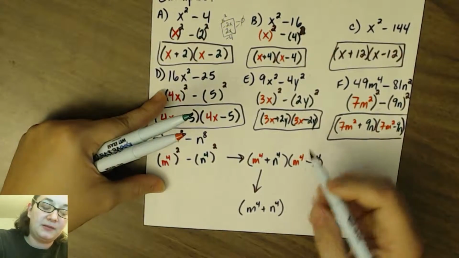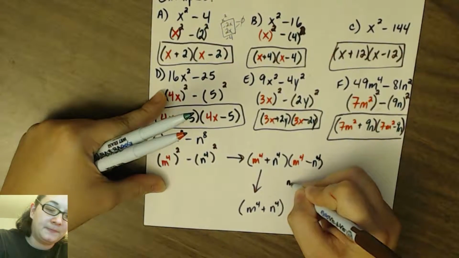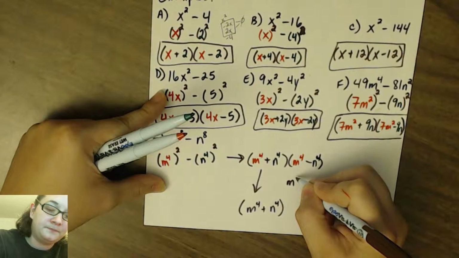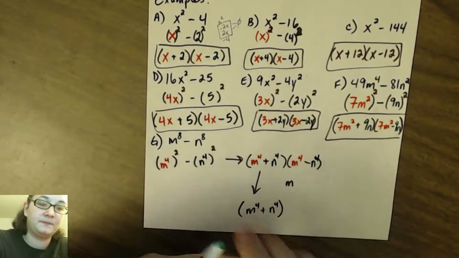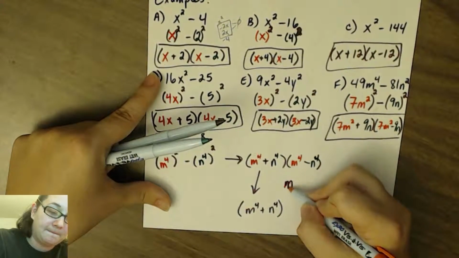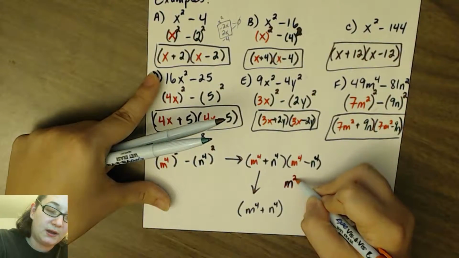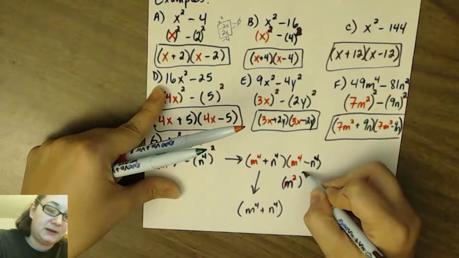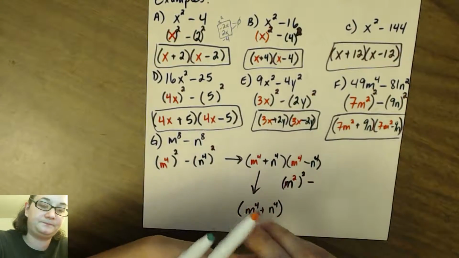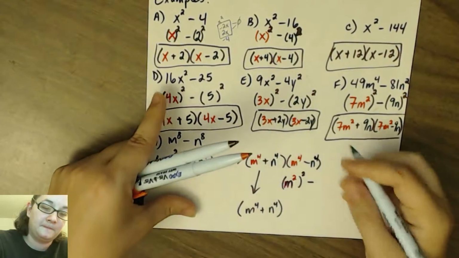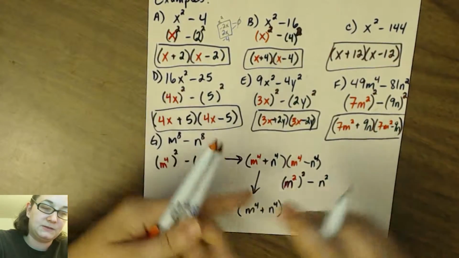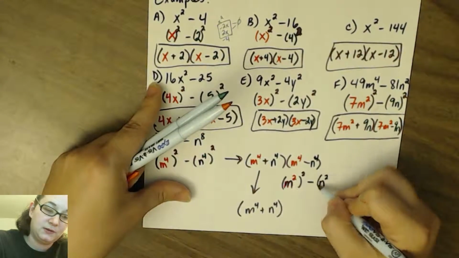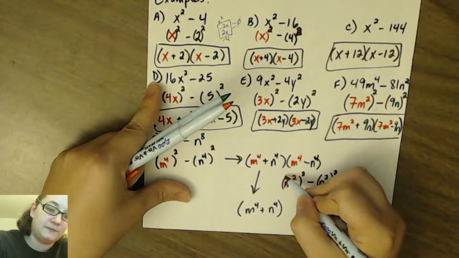But I want to think about this as m squared to the power of 2 minus n squared to the power of 2.